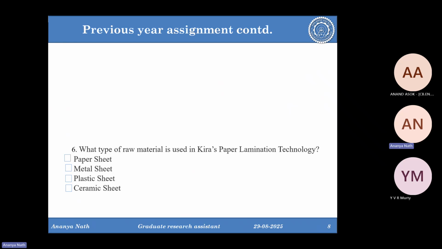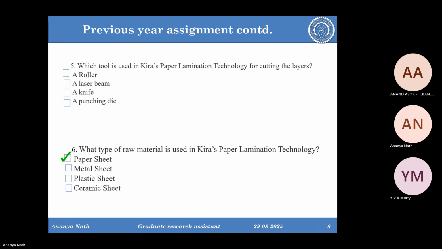Which type of raw material is used in Kira's lamination? Is it paper sheet? Yes, in Kira's also paper sheet, LOM also paper sheet. See, the name itself suggests Kira's paper lamination technology, PLT.